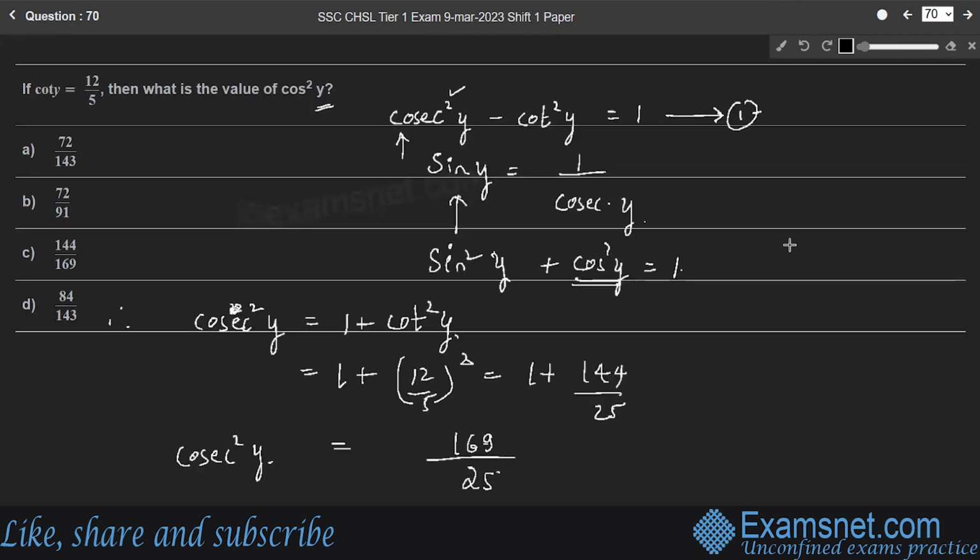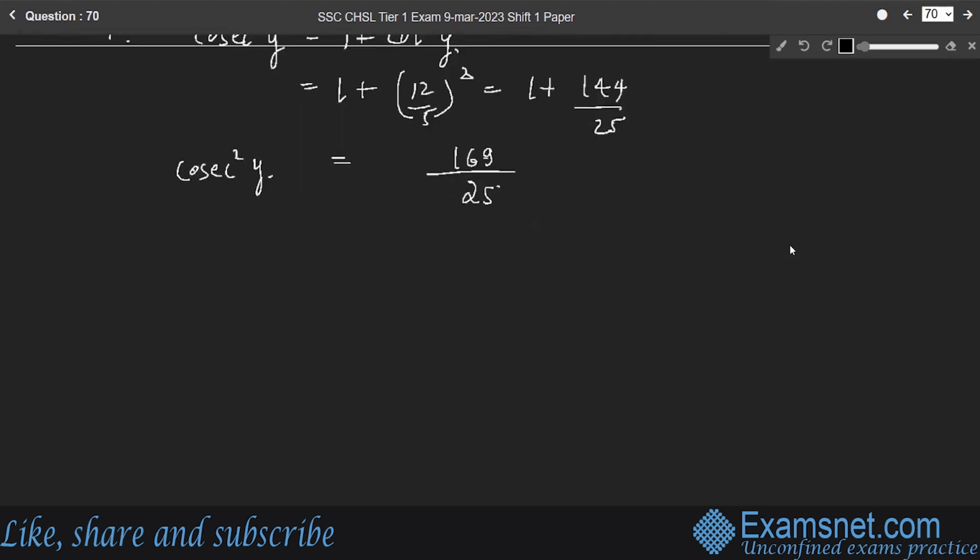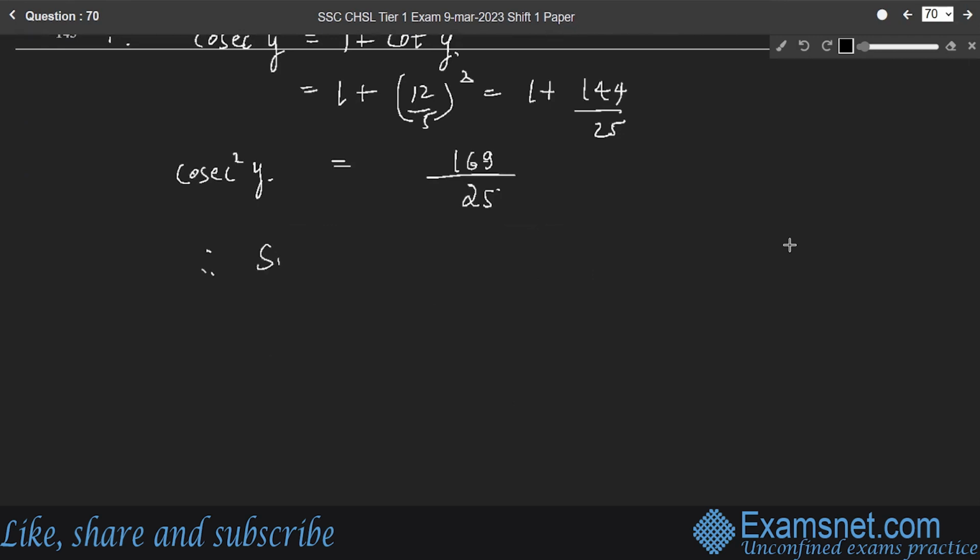Now express this in terms of sine. Sine square y is equal to 1 by cosecant square y, which is the inverse of 169 by 25, that is 25 by 169. So that is sine square y.